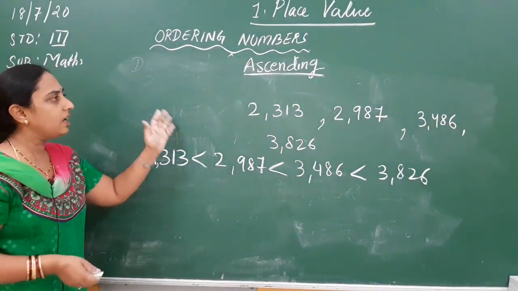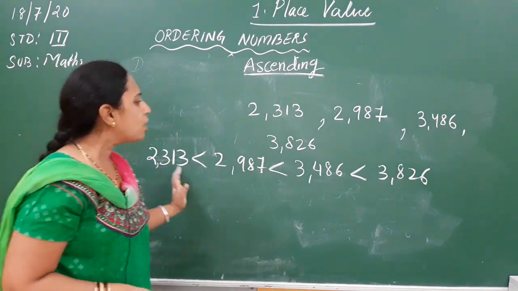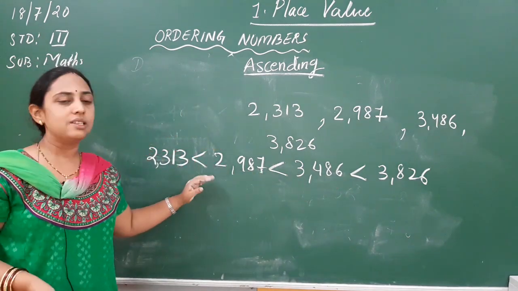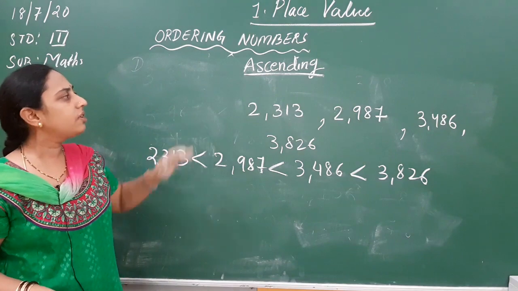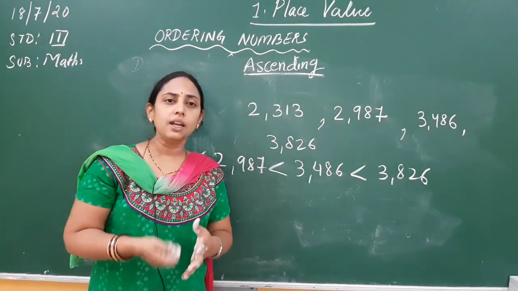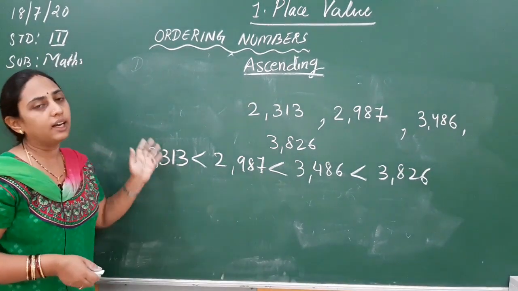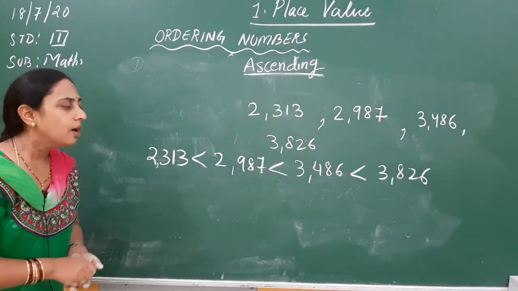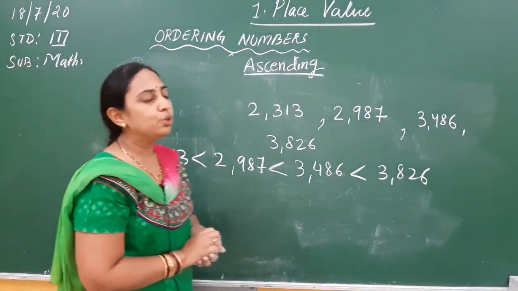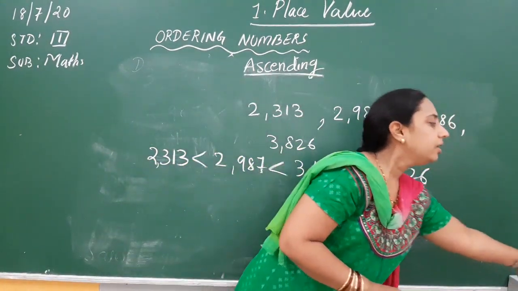So whenever we are dealing with ascending, small to big, we will use the less than sign, and whenever we work for descending, that is big to small, we will use the greater than sign, right. So this is how we will do the ordering of the numbers.